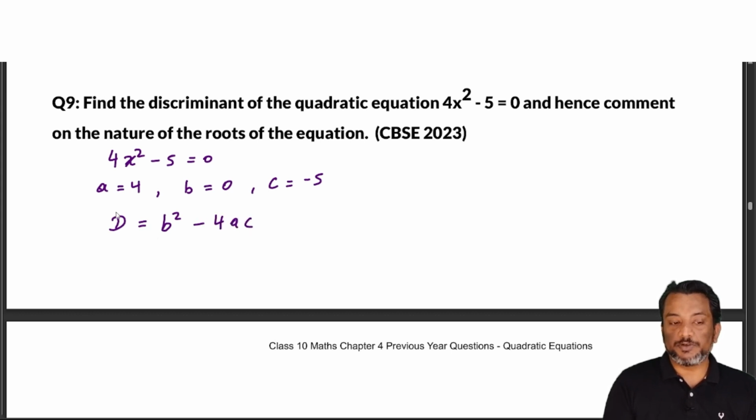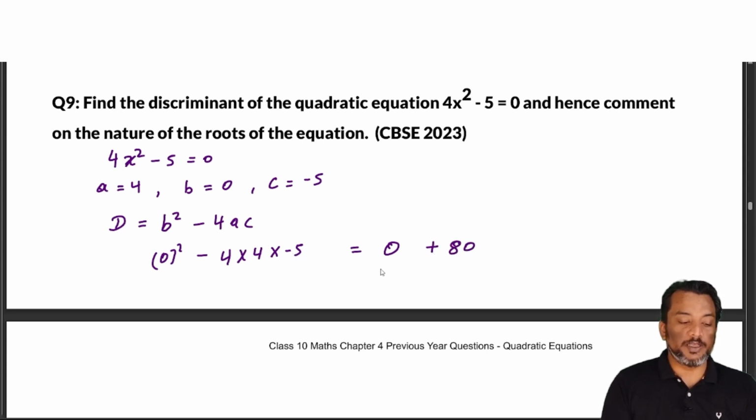Now you can substitute the value of everything. So you can say b square is equal to 0. So 0 square minus 4 times a, 4, minus 5. So how much will you get here? You will get 0 minus 4 times 4, 16, minus 16, and minus 16 times 5, you will get plus 80.